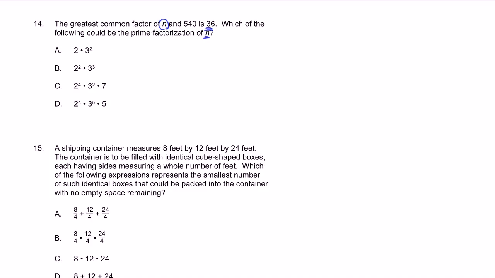Let's take the prime factorization of everything, so we can go down to the most digestible parts. The prime factorization of 540: 2 times 270. This is the same thing as 3 times 90, and 90 is 3 times 30, and 30 is 3 times 10. 10 is 2 times 5.